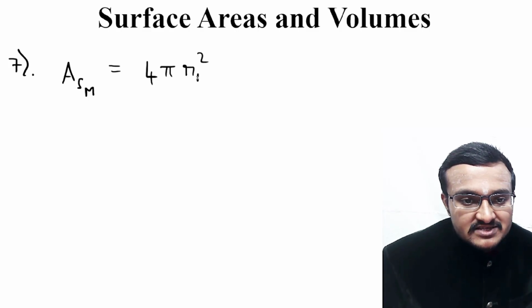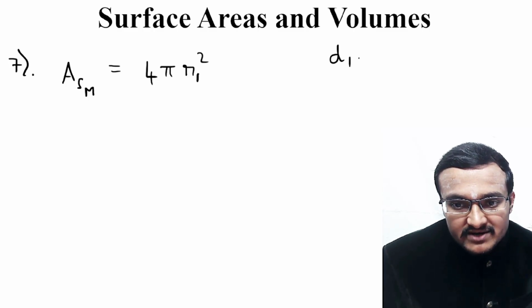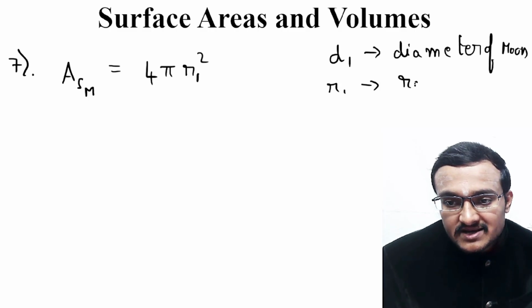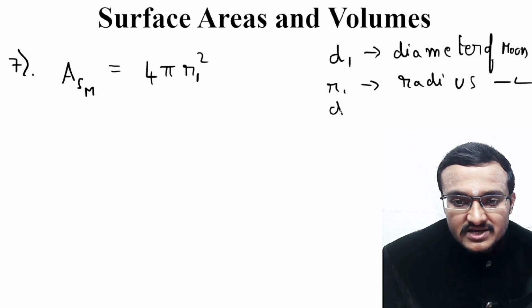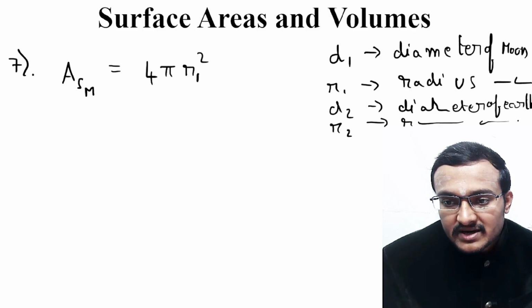The moon's radius we will consider as r1, because d1 is the diameter of the moon. Similarly, d2 will be the diameter of earth and r2 the radius of earth.